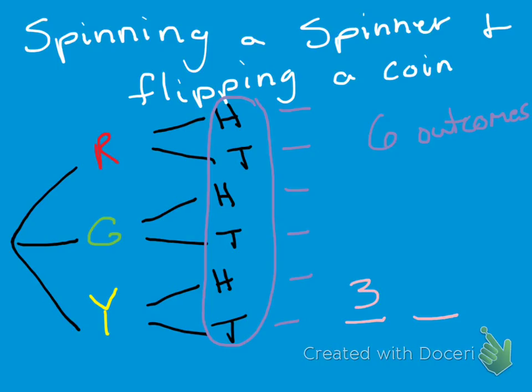When I flip the coin, how many options do I have? 2 is the correct answer. Now what operation should I use with those? Hopefully you said multiplication, and if I multiply those together, I get 6 outcomes.